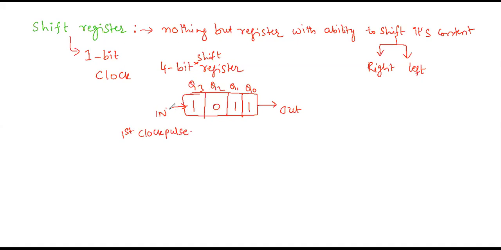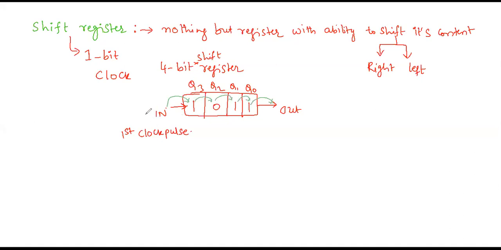The input value goes to Q3, the Q3 value comes to Q2, the Q2 value comes to Q1, the Q1 value comes to Q0, and Q0 comes outside.